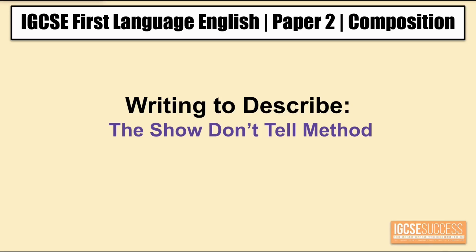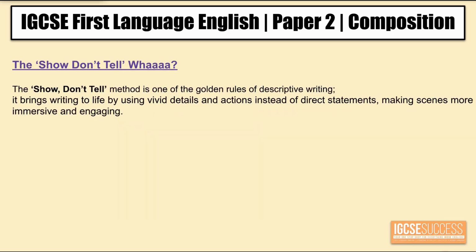Okay guys, writing to describe: the show don't tell method. Let's get started. I've put here that the show don't tell method is one of the golden rules of descriptive writing. It really brings writing to life by using vivid details and actions instead of direct statements, making scenes more immersive and engaging.